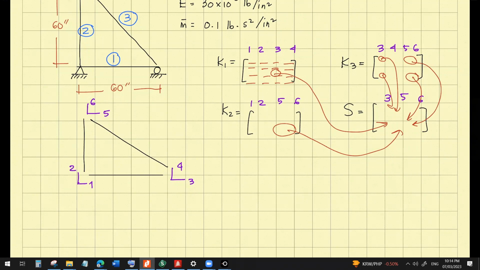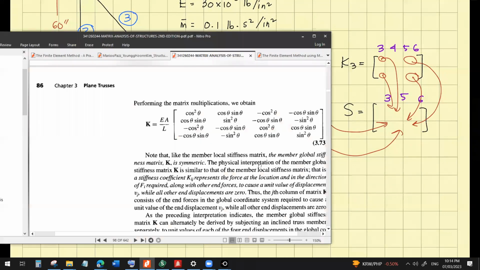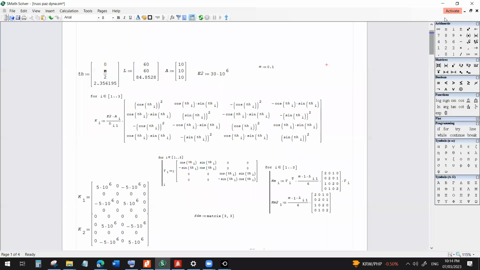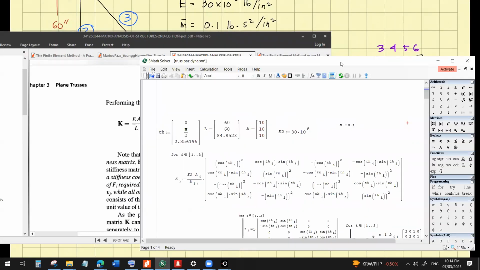So this will be our stiffness matrix, by the way, for the truss structure. So this is its global stiffness. I have already encoded it here.